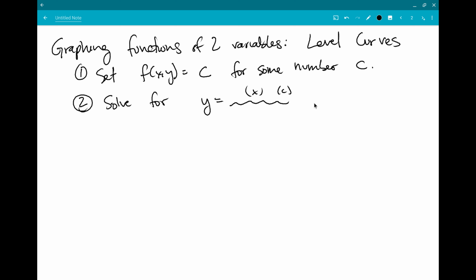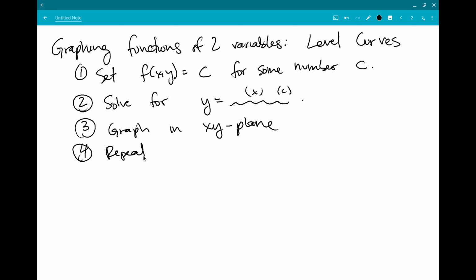So I'll just write those right there. And you can graph that in the xy plane. You're really good at this point in your career, taking something that's y equal to a bunch of stuff and plotting it or guessing what the plot looks like or asking a computer to do it for you. And you just repeat that for many values of c.